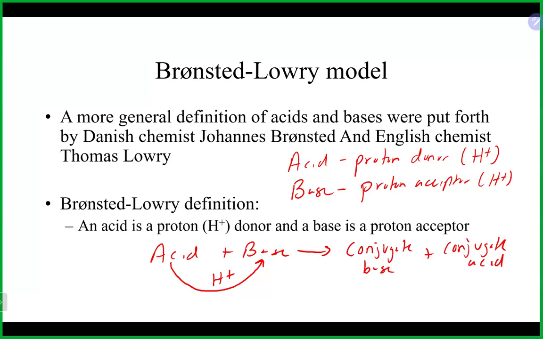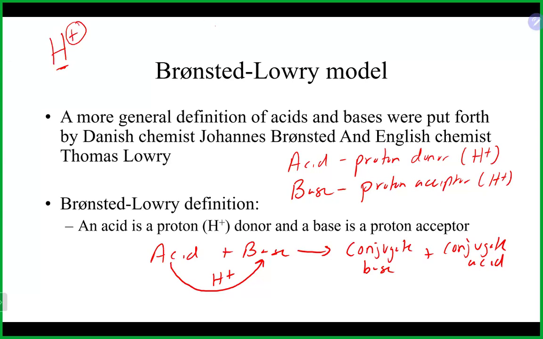Now, let's talk about the H plus for a second, because it's something that people really screw up a lot. They think about this as just hydrogen, and they either take off the hydrogen when they need to, or add a hydrogen when they need to. But you also have to remember that it has a charge, which is positive 1.